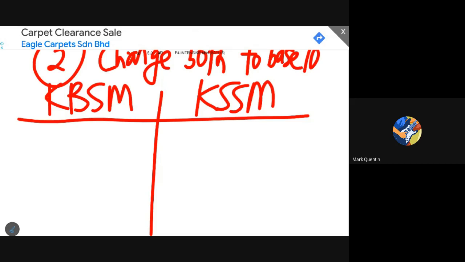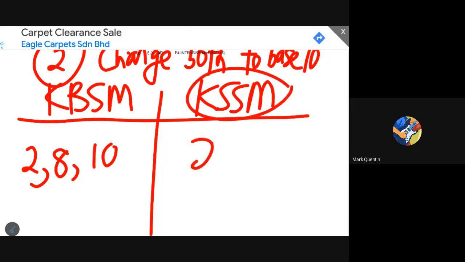So KBSM guys, mereka hanya bagi soalan dalam 3 asas ini sahaja. If I'm not mistaken lah, base 2, base 8, base 10. Hanya 3 soalan, hanya 3 asas macam ni. But your batch, KSSM, 2 sampai 10. Maksudnya 3, 4, 5 semua included. Okay, jadi tak ada apa-apa beza sebenarnya.